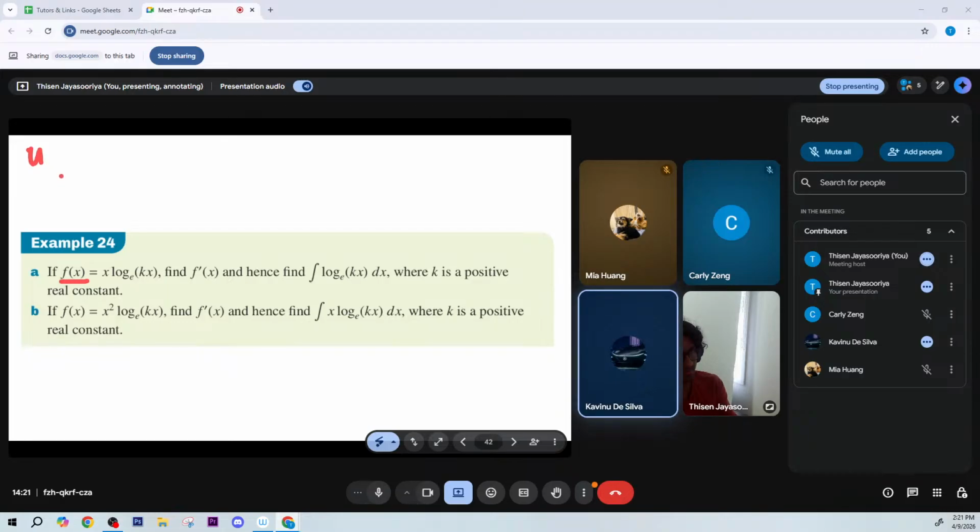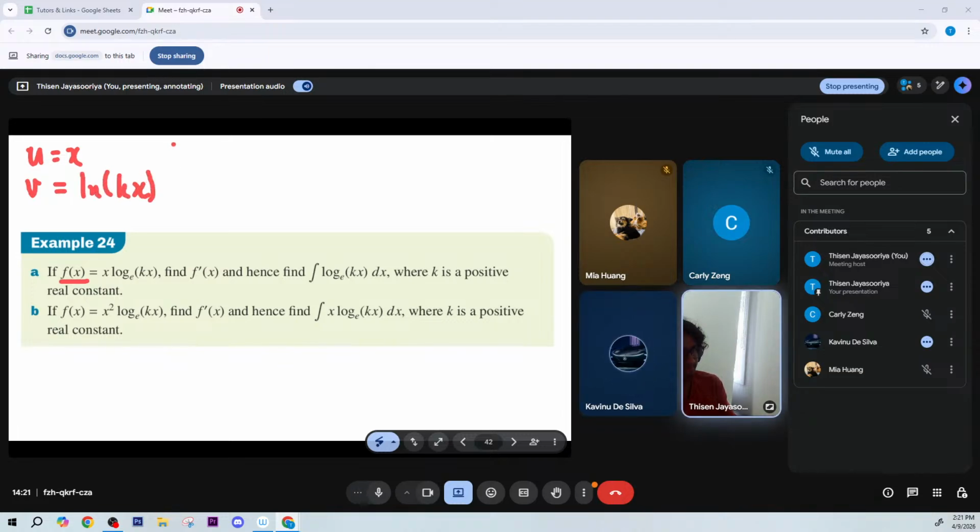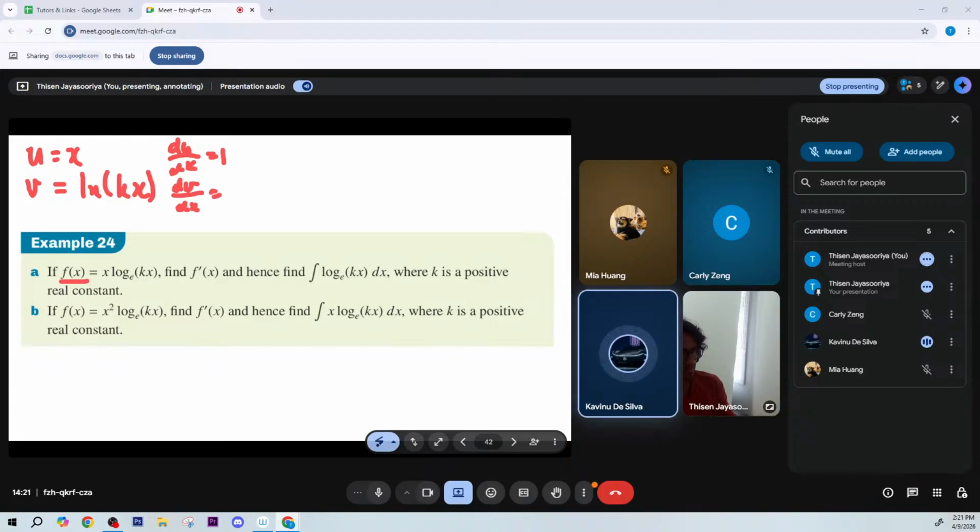So yeah, u can be x and v can be log e bracket kx. Yep. u dash is 1. dv on dx is k on kx, which is just 1 on x, simplified. So 1 on x, yeah?